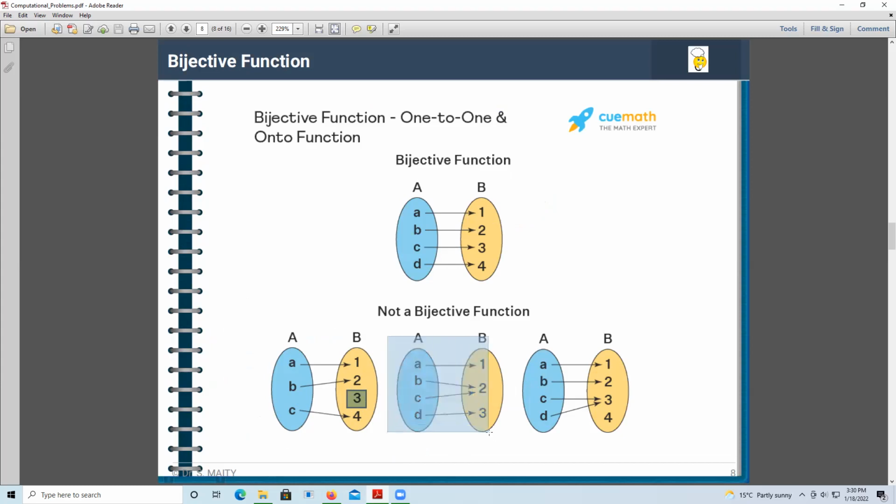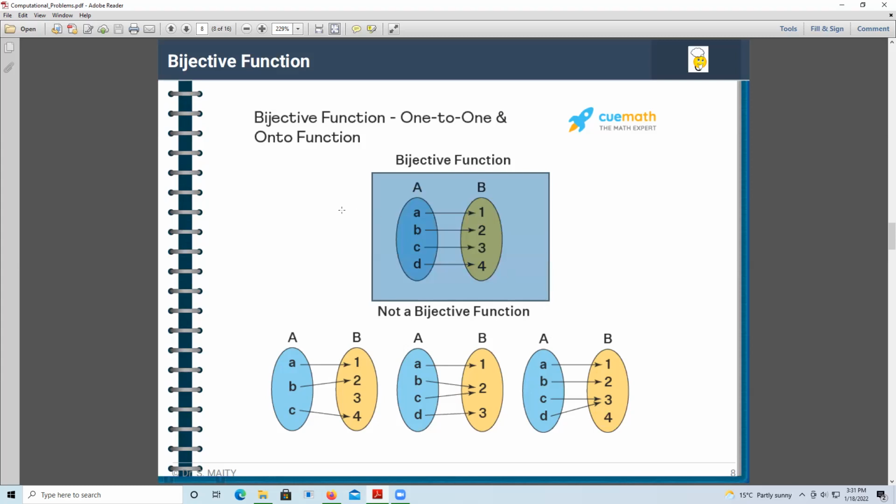This is not a bijective function because for this output, we can see there are two inputs, which is not allowed because it violates the one-to-one property. Similarly, this is violating both. This element is violating the one-to-one property, and this element is violating the onto property. But this mapping satisfies both the one-to-one property and the onto property.